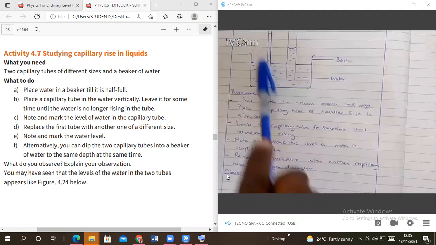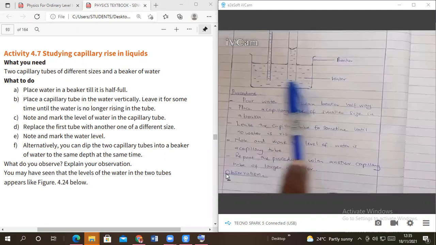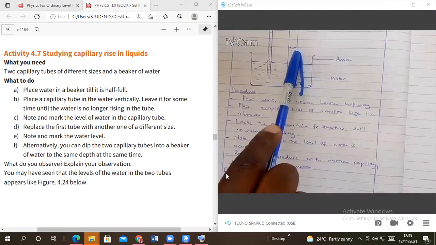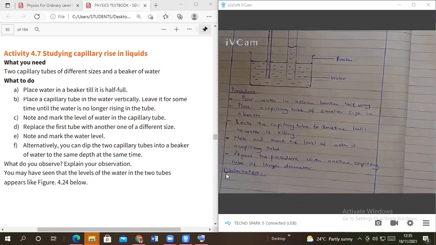What do you observe here? What do you see here? This is the one of a larger diameter. This is the one of a bigger. Yes, Bridget. Teacher, what I observe is the water level in the larger tube is low, and the one in the smaller tube is higher.